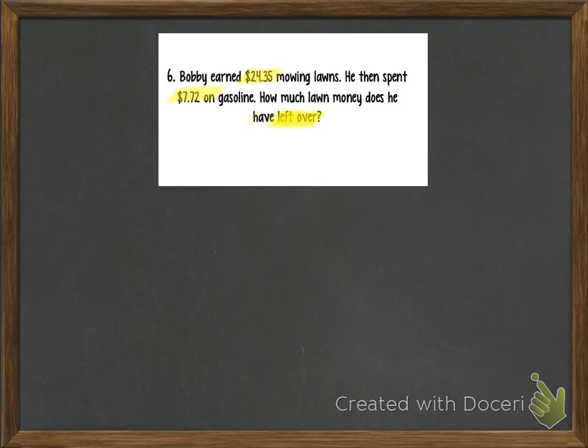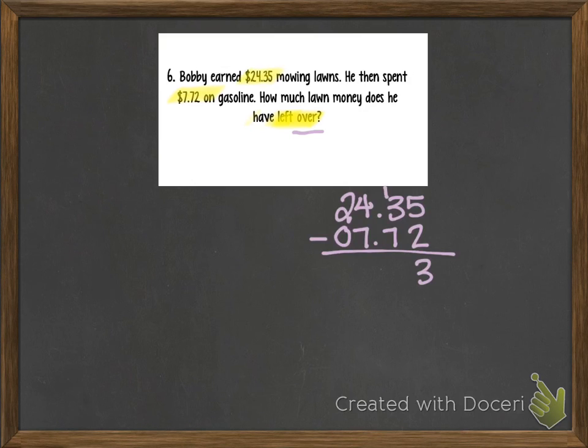Left over is telling us that we are going to subtract. So if he made $24.35, but he spent, that means we're taking away $7.72. Notice that I lined up my decimals, and so I have this space right here. So if we subtract 5 minus 2 is 3, I have to borrow right here, making that 13 minus 7, which is 6.